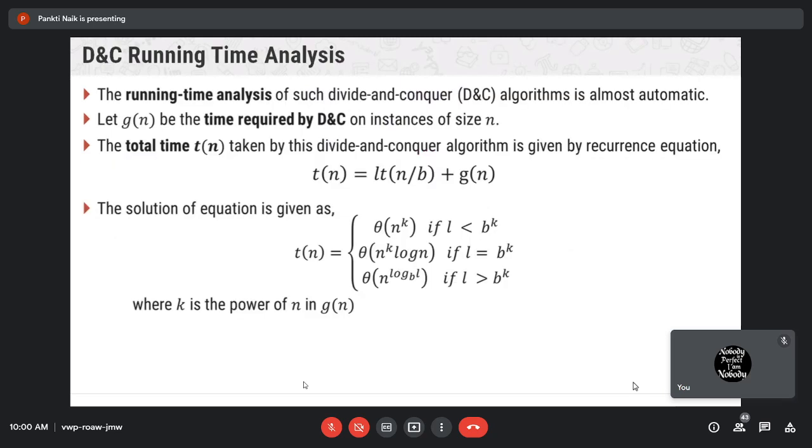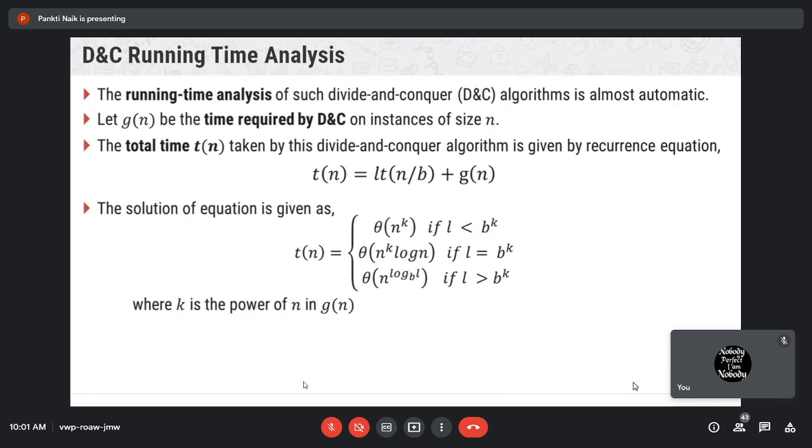So this is the time analysis for the divide and conquer strategy, but Kushal sir has not taught you the analysis part. So right now we will just go through this analysis part. After completion of the analysis of algorithms chapter, we will understand this analysis part in detail.